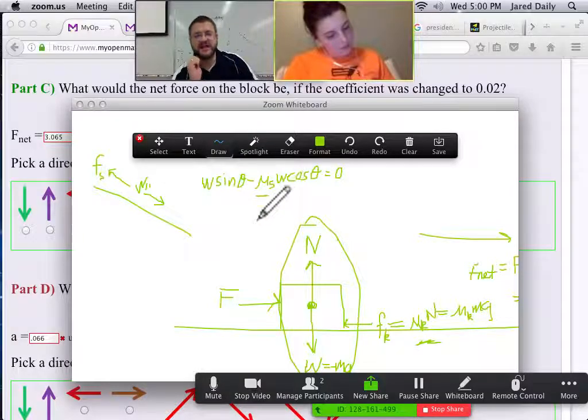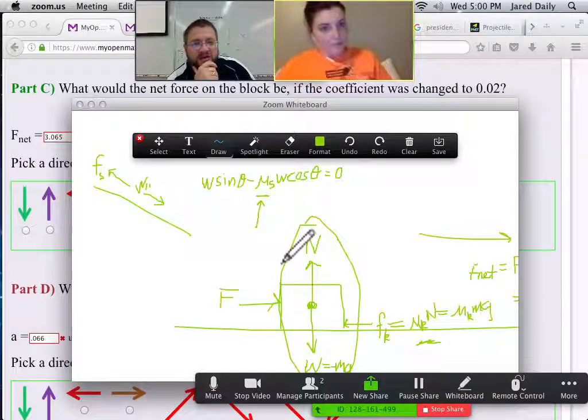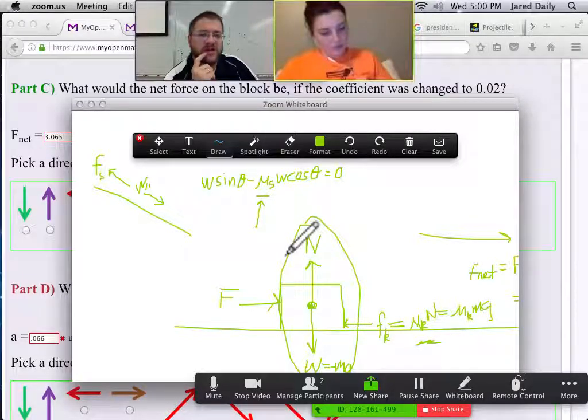So for part C, what you do is you come in and you put 0.02 in here instead of the number that you just calculated, because it wants you to change it to 0.02, right?